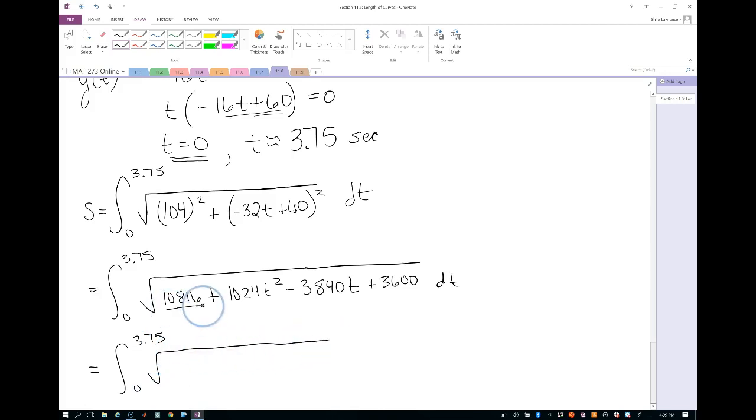And we do have one set of like terms there that we could put together. That's going to be 14,416.